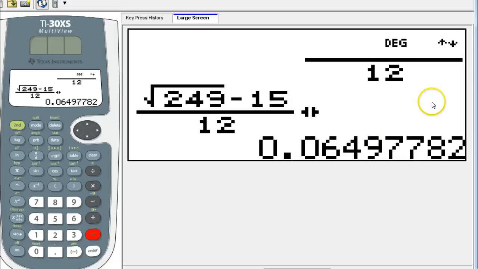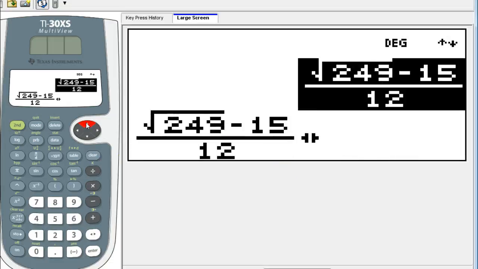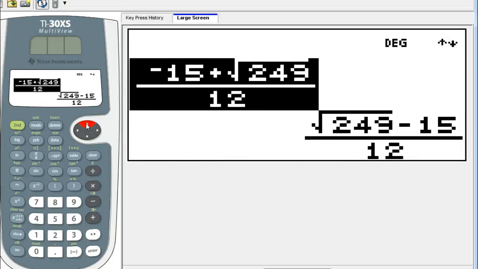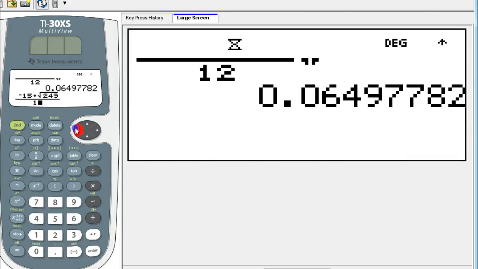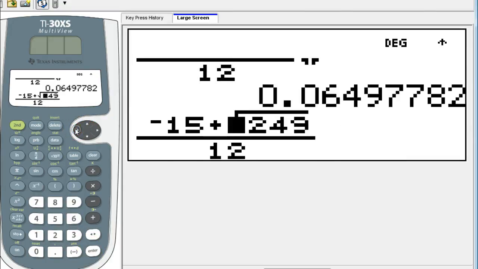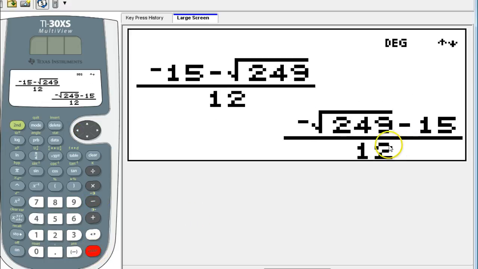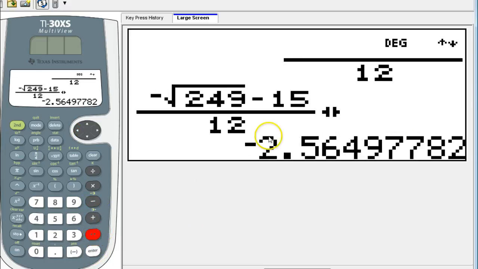Okay, now let's do the other one. If I want to, I can save myself a little bit of time. If I go back to here, edit, I can just jump up there and switch that plus to a minus. So I have negative 2.565.